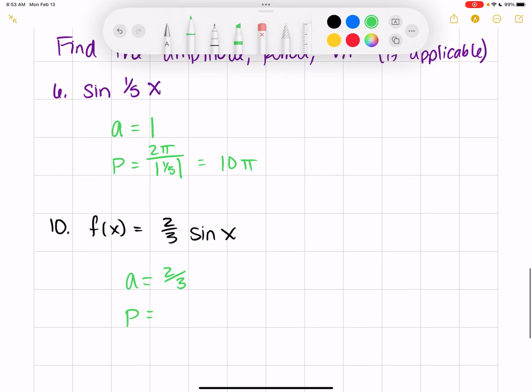And period would be what? 2 pi over 1, which is 2 pi. You don't have to write the over 1, but I just do it so that if you go to look back, you know why. The 1 came from there being just a 1 in front of x. Amplitude is the number in front of sine, or cosine, as the case would be.